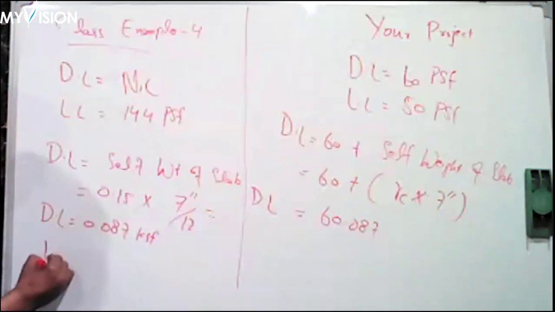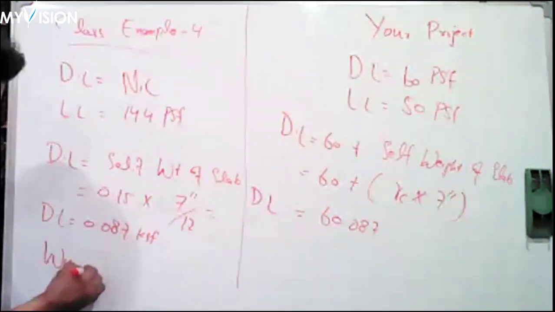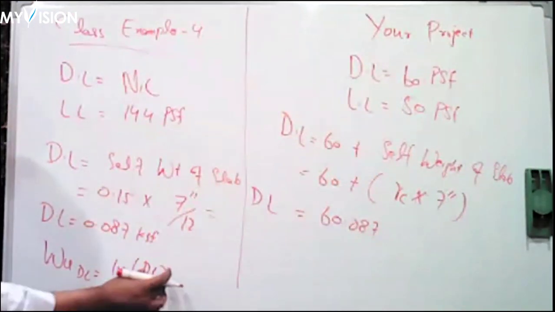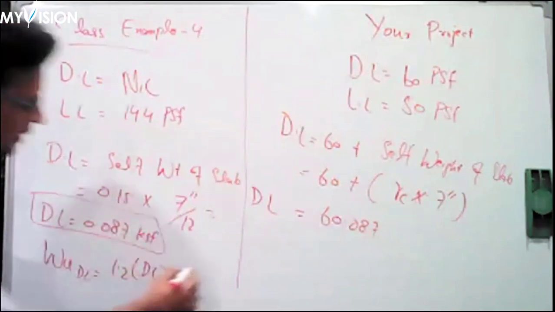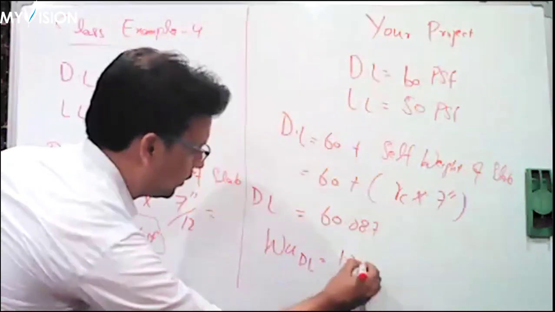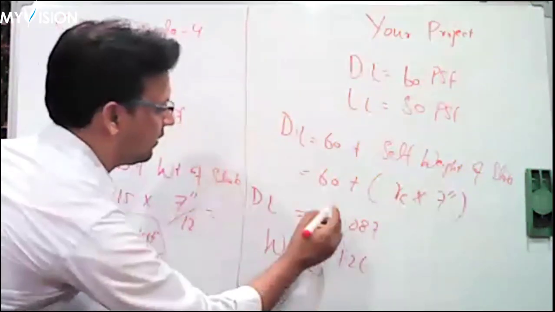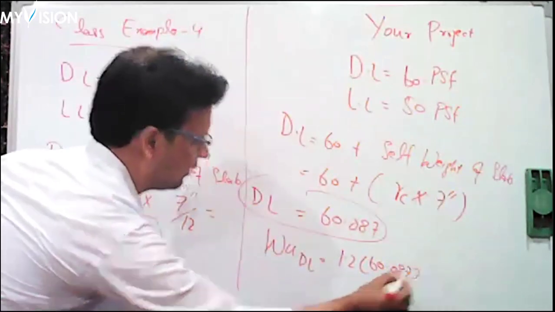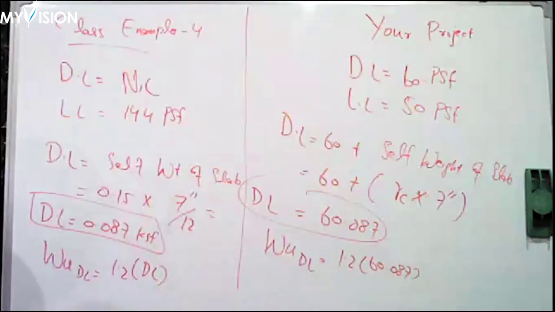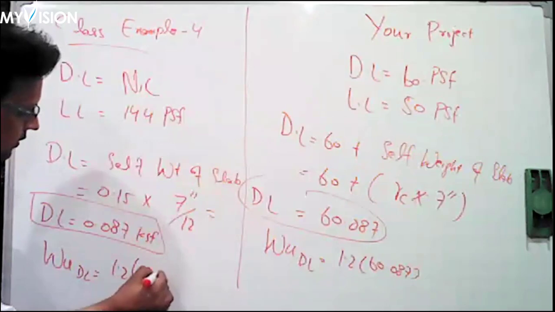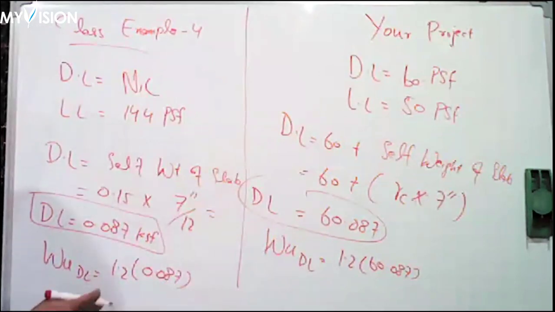What is Wu dead load? Wu dead load equals 1.2 times the dead load value, which is this one, like 60.087. This will be the Wu dead load. Here the dead load value is 0.087, and this will give you the Wu dead load.